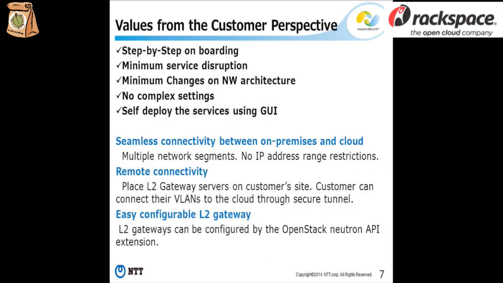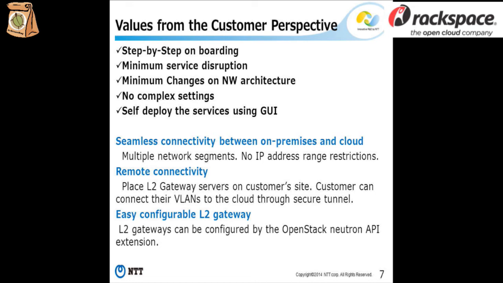In this design, the user can onboard to the cloud step by step without any complex settings. And when you have two systems online together, you can have minimum service disruption. You can make the settings using the OpenStack REST API, so it's very simple to create a VM, attach resources to it, and manage it.